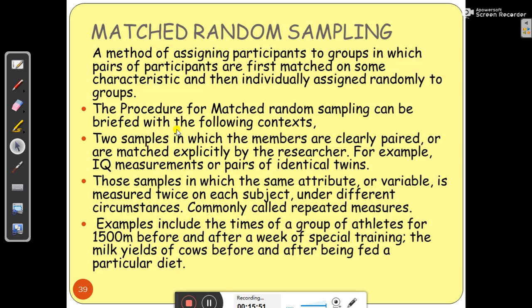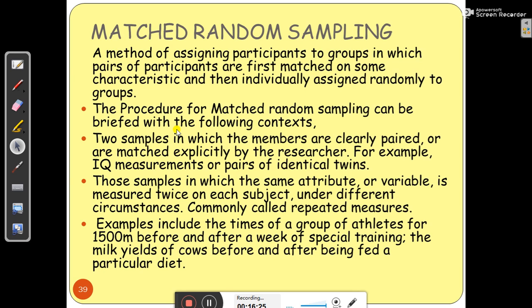Next one is matched random sampling, a method of assigning participants to groups in which pairs of participants are first matched on some characteristics and then individually assigned randomly to groups. The procedure for matched random sampling can be briefed with the following context. Suppose two samples in which the members are clearly paired or are matched explicitly by the researcher, for example IQ measurements or pairs of identical twins.